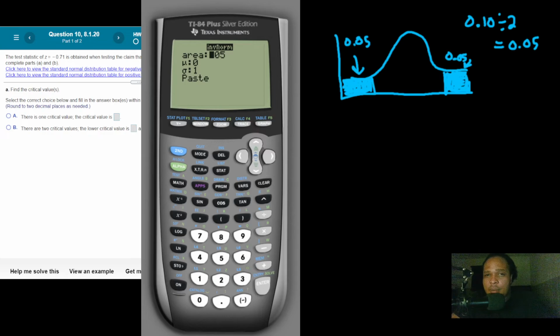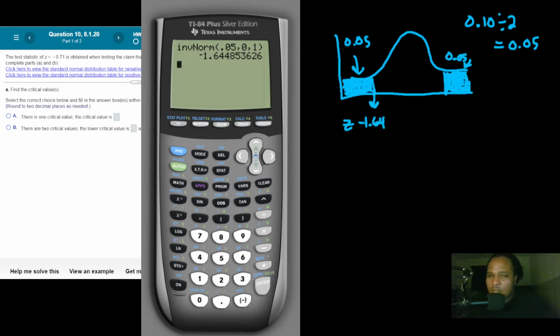And because the calculator loves the left-handed values, let's do 0.05, which is already inside the calculator from the last example, coincidentally. And we're going to get a negative 1.64, just like in the last answer. So let's write that down. This cutoff region is going to be negative 1.64.